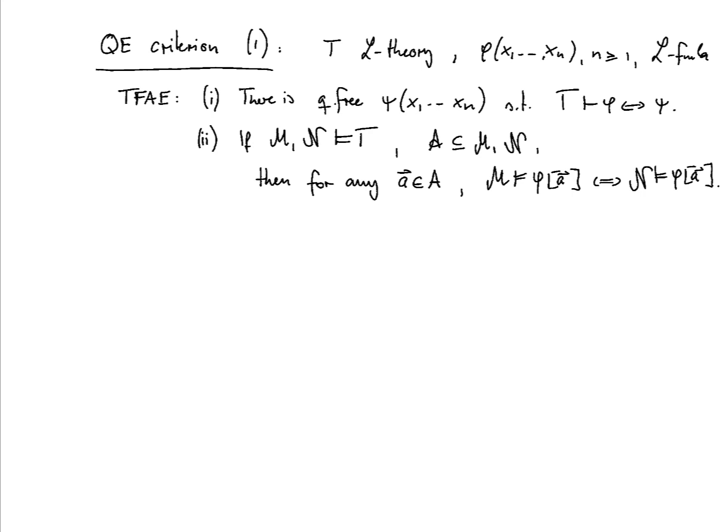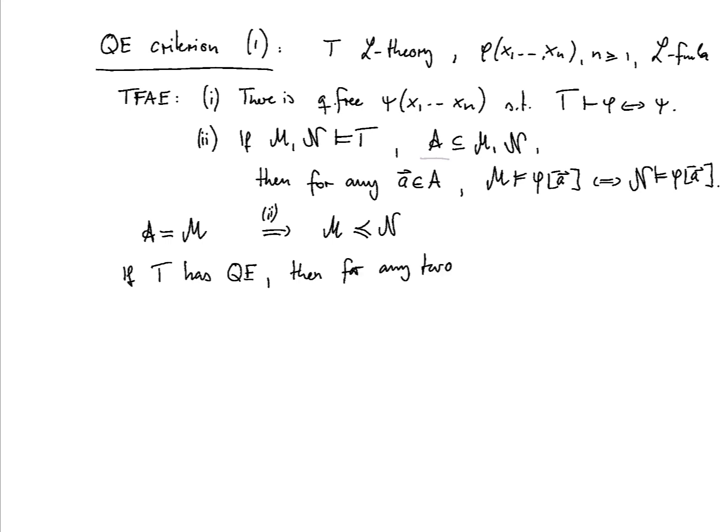In fact, here we need to have this not only for M and N itself, but for any common substructure A. But of course, in particular, you can put A equals M. And then the requirement just says, from 2, if we have quantifier elimination, then this means that M is an elementary substructure of N. So in other words, if T has quantifier elimination, then for any two models of T, M substructure of N implies M being an elementary substructure.